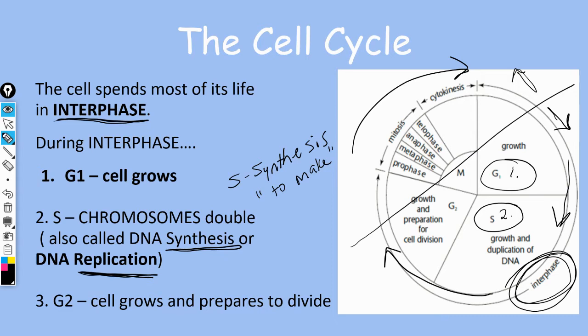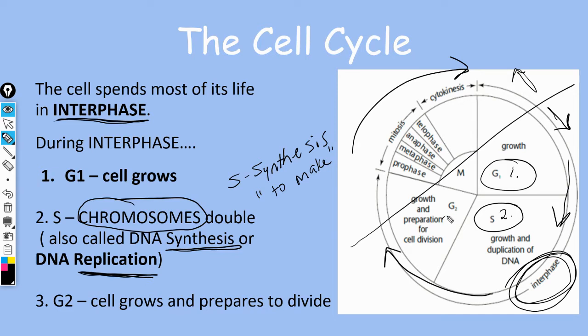At this point in time, the DNA is contained in these structures known as chromosomes, and we're going to dissect this today and learn about chromosome structure. But basically, in step 2, in that S phase, we have growth that continues, and we have the duplication or replication or synthesis of DNA.